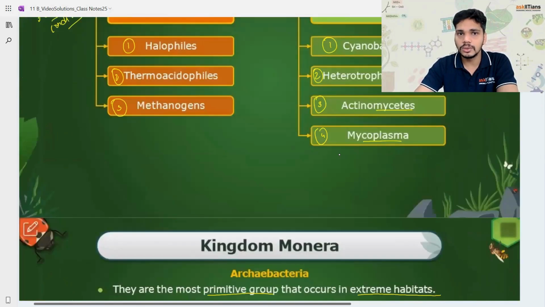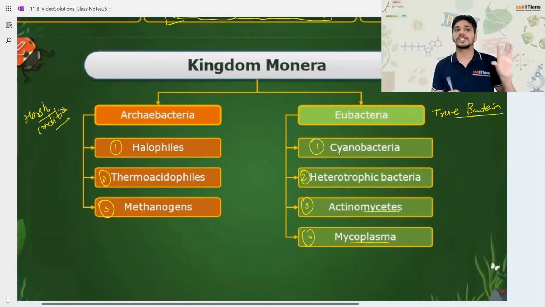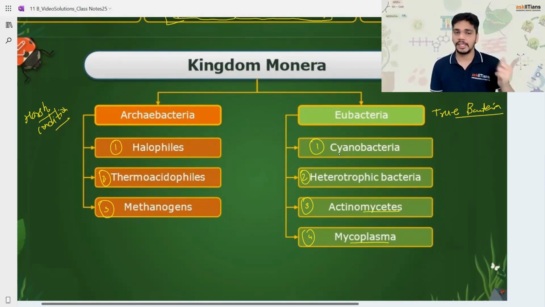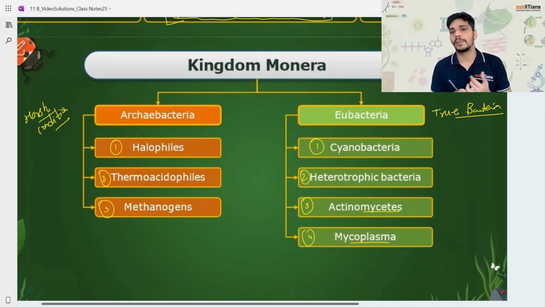Okay, so let's recap kingdom Monera. Archaebacteria are harsh condition bacteria: halophiles in salty lakes, thermoacidophiles at high temperature and low pH, and methanogens found in the gut of ruminants. And eubacteria: cyanobacteria, heterotrophic bacteria, actinomycetes, and mycoplasma.